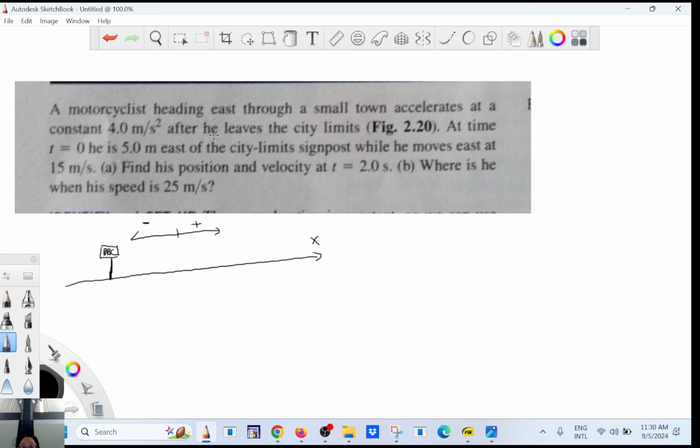So t equals 0. Oh, it's easy, right? We're going to put 0 here, but at t equals 0 it is 5 meters away, right? Okay, so that's east, that's west.